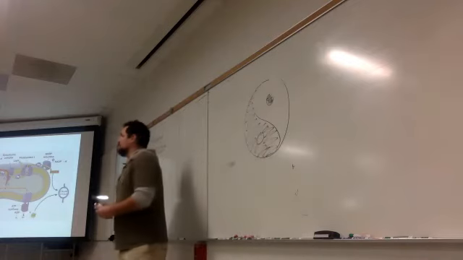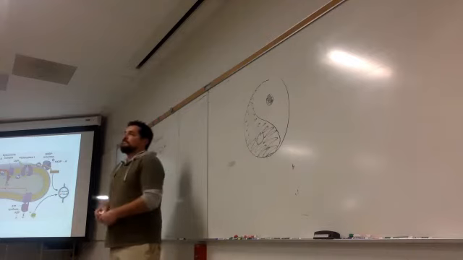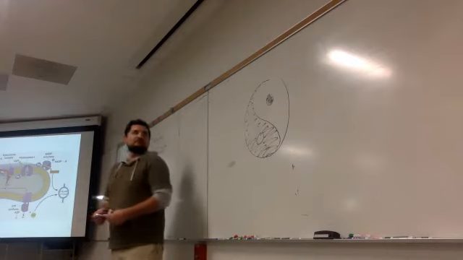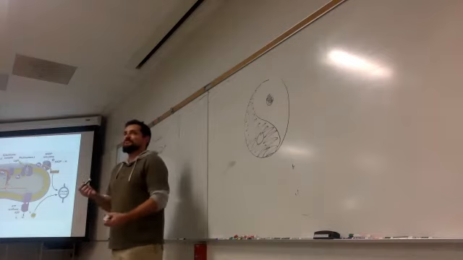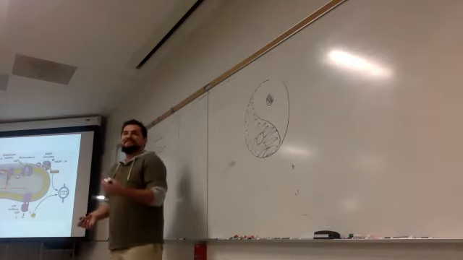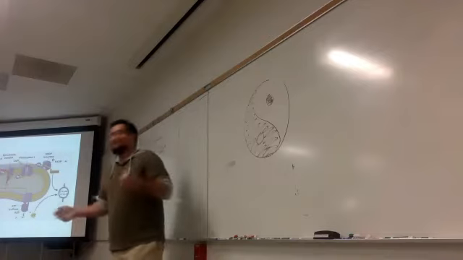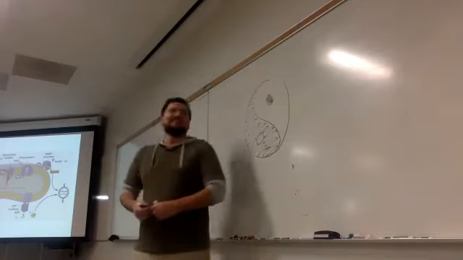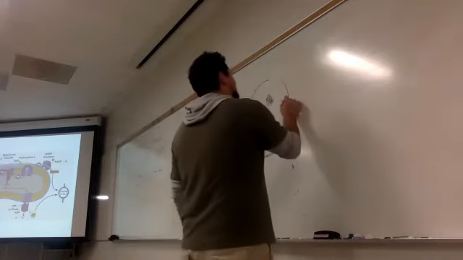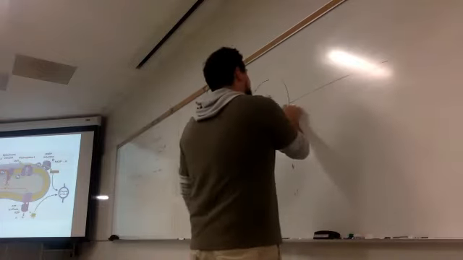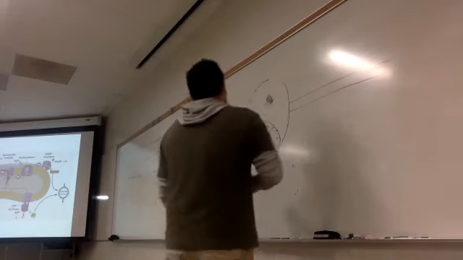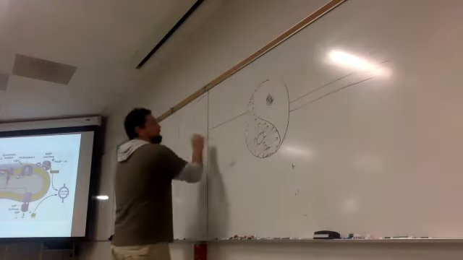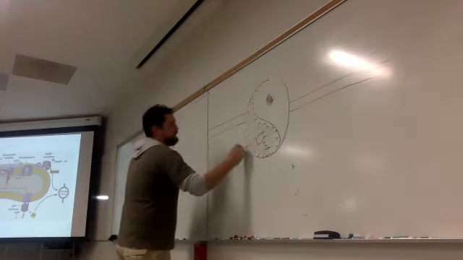Which side do you think is the light side? The water one. Yeah, but I mean, photosynthesis or oxidative phosphorylation? Photosynthesis, right? Because it involves light. So photosynthesis is on this side, which means on this side you have cell respiration.